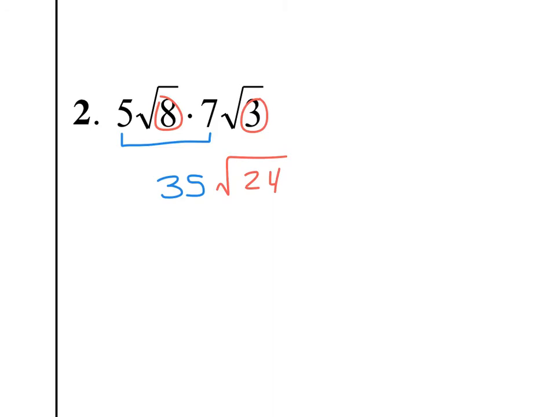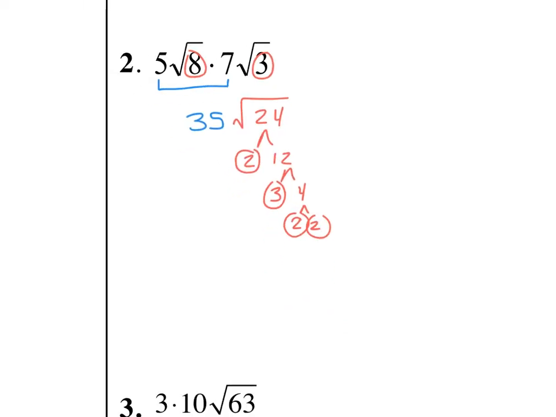Again, we need to make sure that we can simplify our radical 24, and we do this by prime factorization. So I can break apart my 24 into 2 and 12, circle my 2, and then I can break apart my 12 into 3 and 4, circle my 3, and then I can break apart my 4 into 2 and 2. And again, we always circle our primes.